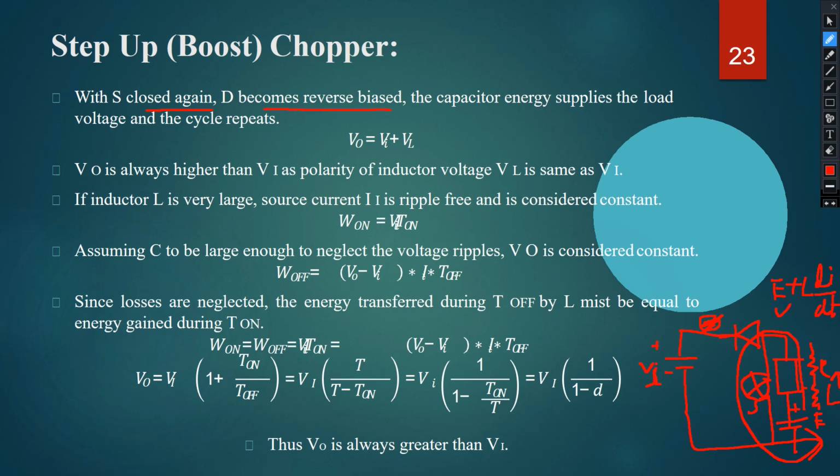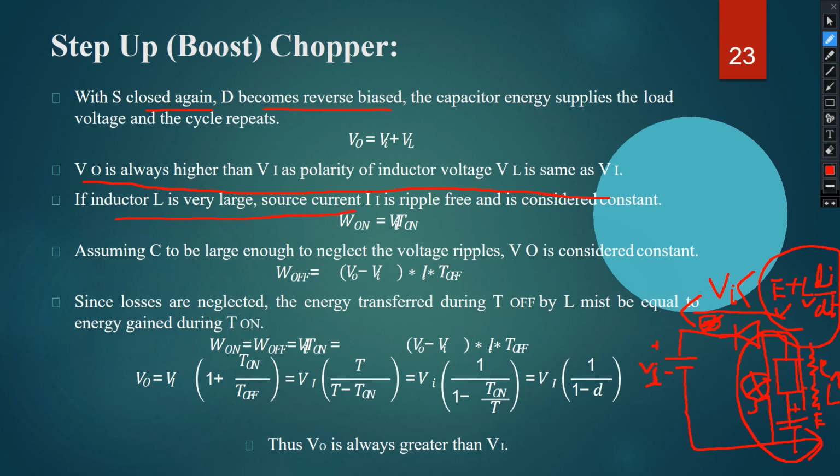And the values of E and L will be chosen in such a way so that this value is greater than Vi. So as soon as this value becomes greater than Vi, the current will flow back to the supply. So V output is always higher than V input, as the polarity of the inductor voltage is same as Vi.